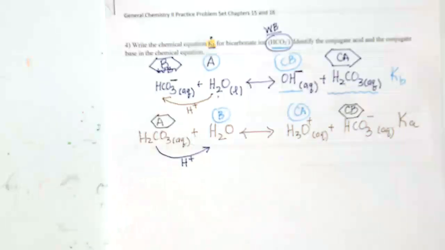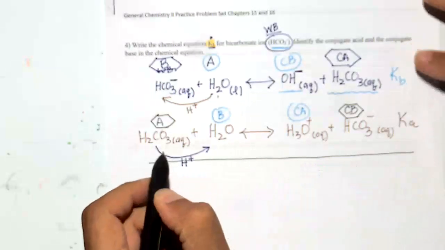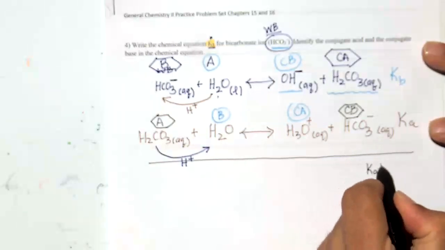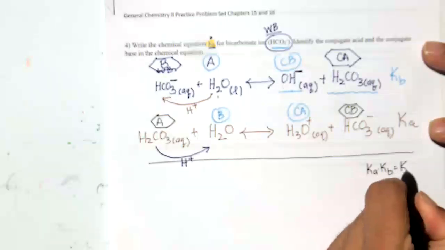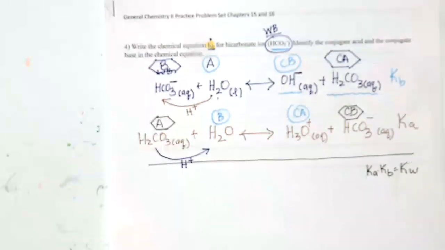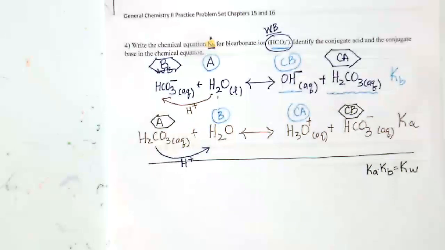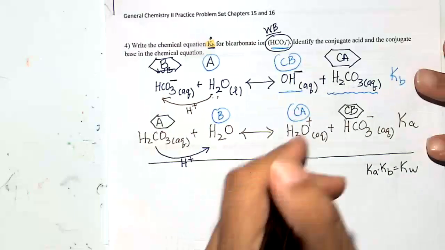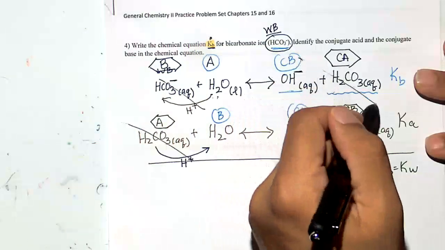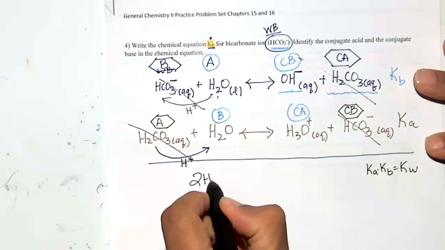And just to complete this, if you add these two up, you actually get Kw. If you add two equilibrium reactions, you multiply the constants. Ka times Kb is Kw. Then this cancels out with that, and you're left with 2H2O.